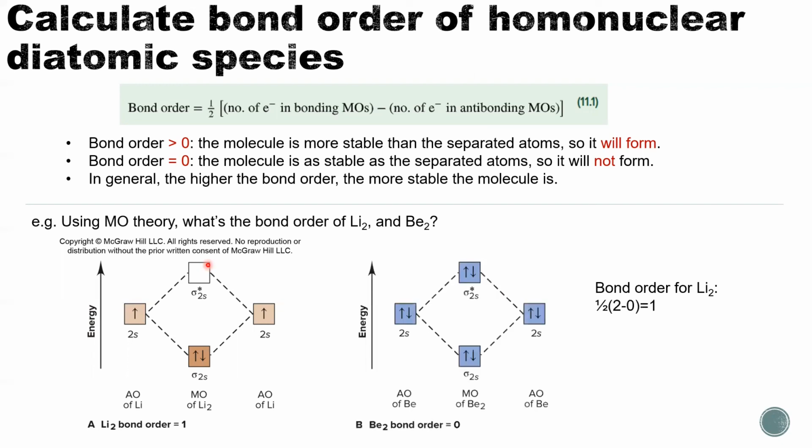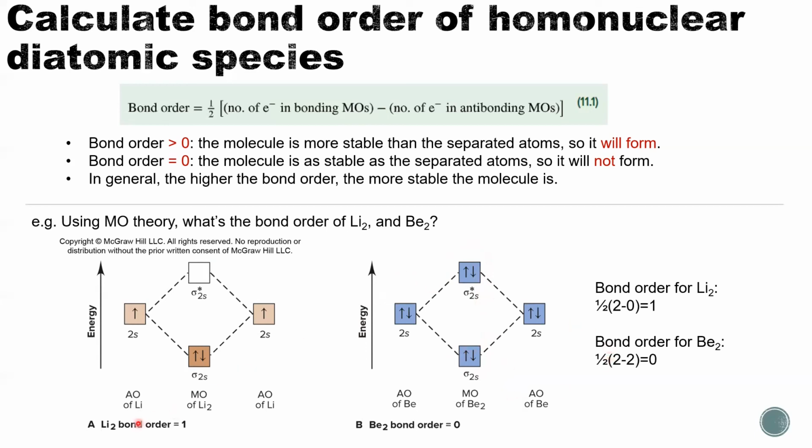But for beryllium diatomic molecules, it starts with the 2s orbitals completely filled by a pair of electrons. So when we form the molecular orbitals sigma 2s and sigma star 2s, both of these molecular orbitals will be completely filled by a pair of electrons. So the bond order for the beryllium-2 molecule is the 2 electrons in the bonding orbital minus the 2 electrons in the antibonding molecular orbital, divided by 2, that is 0.